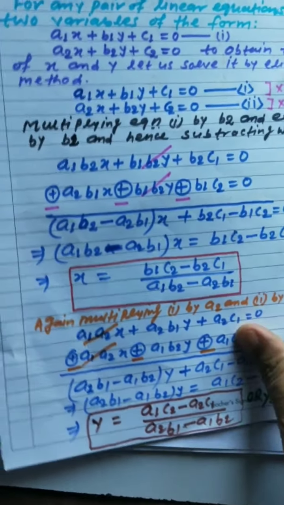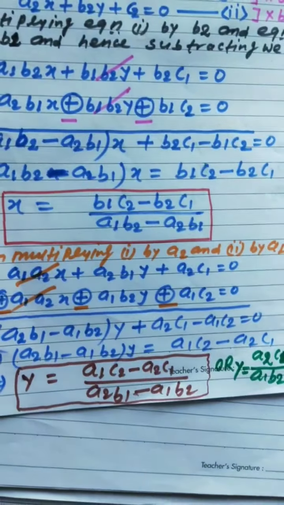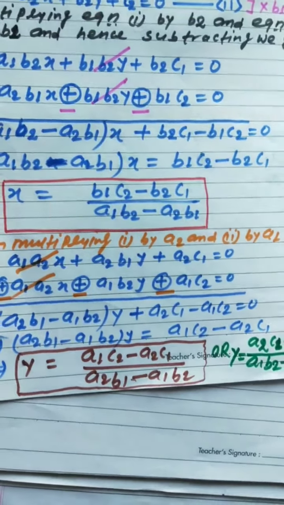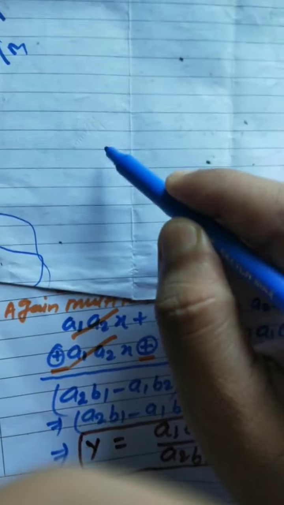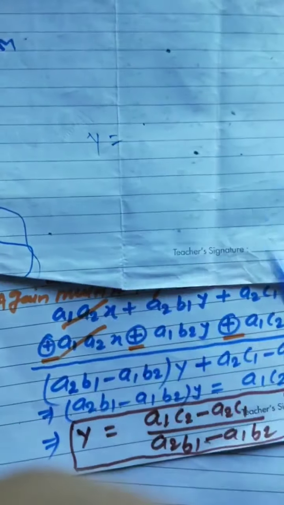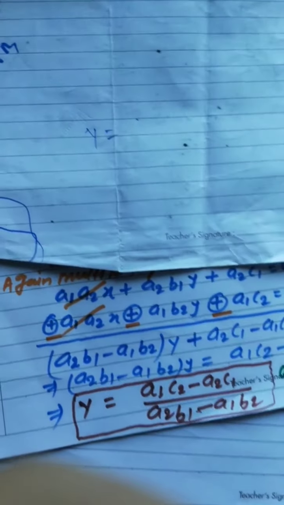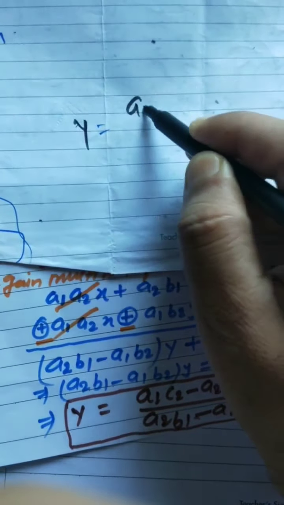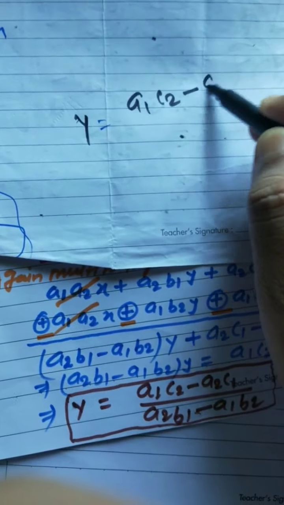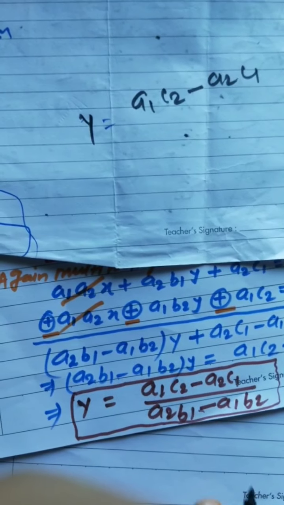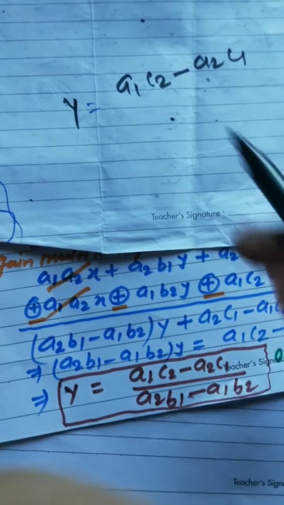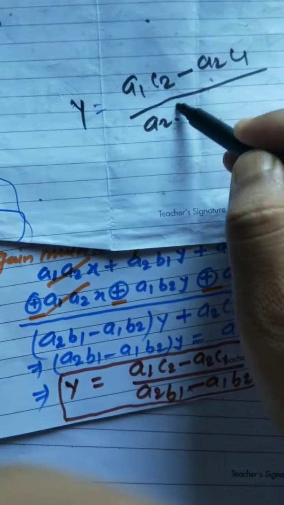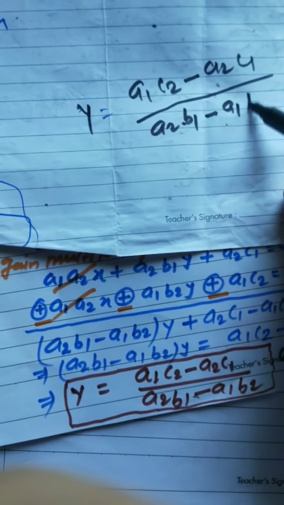Now it can also be written as, you can see here, the value of y is equal to a1 c2 minus a2 c1, upon a2 b1 minus a1 b2.